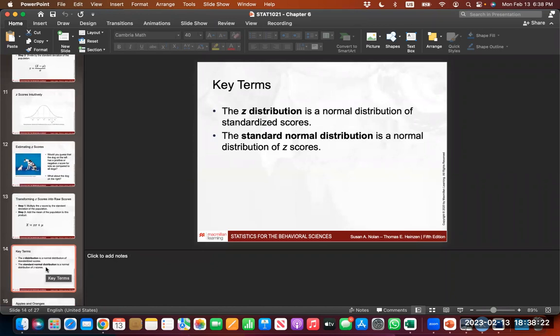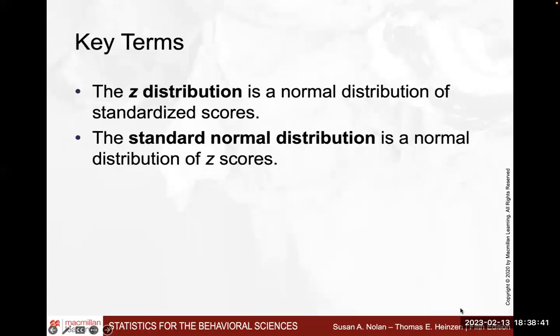So at the end of the day, this Z distribution that you also have in your Excel spreadsheet is basically a standard normal distribution. So no matter what your actual score, your actual variable is, they're all nothing else but the distribution of Z scores defined by the mean and the standard deviation.